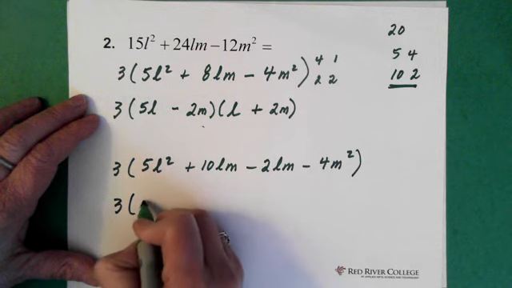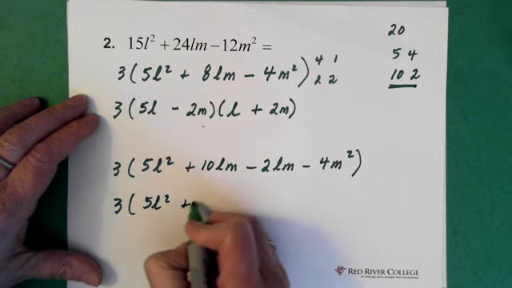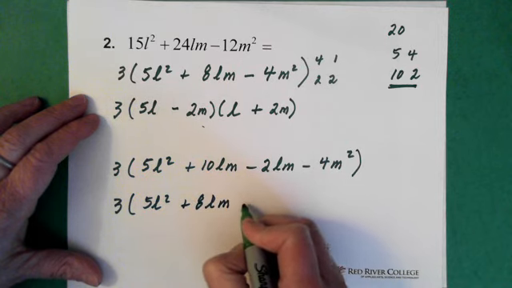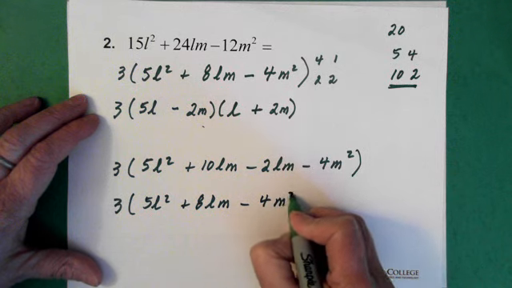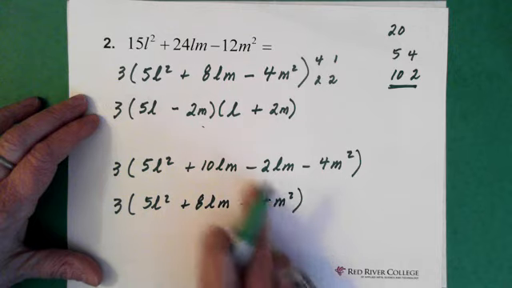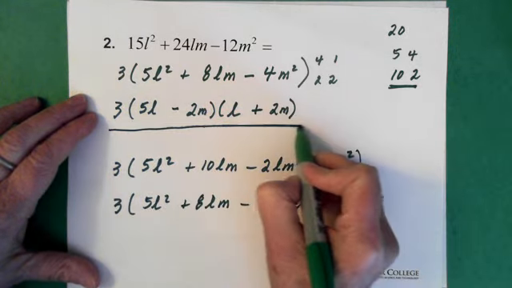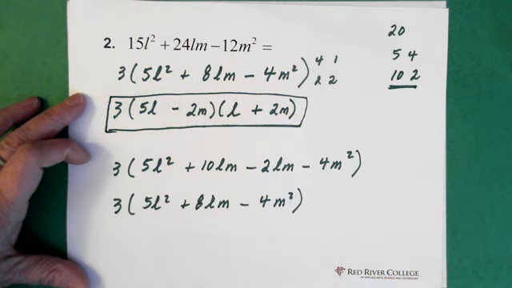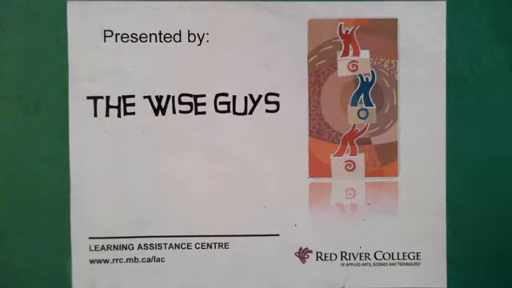So we have 5l squared plus 8lm minus 4m squared. Then we stop and check. Are we okay? Yes, we're okay. So then these are the factors.